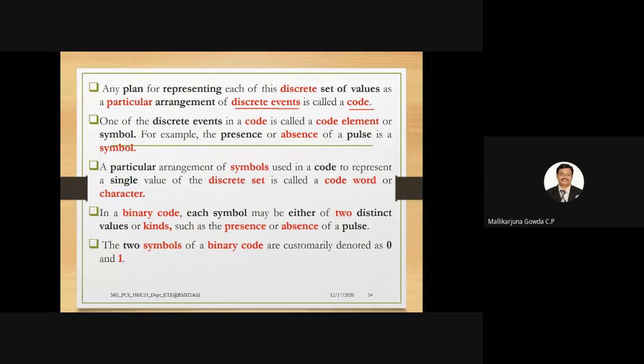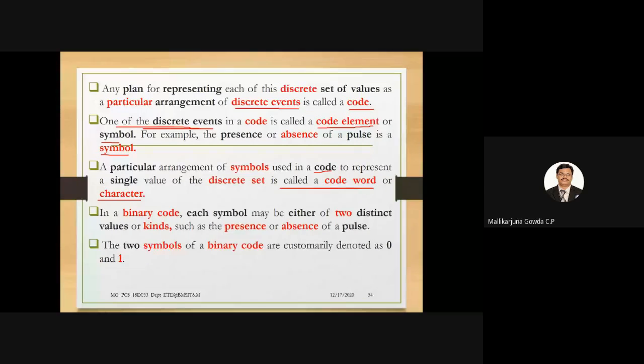One of the discrete events in the code is known as the code element or the symbol. The discrete event may be the presence or absence of a pulse, and that we call a symbol. A particular arrangement of symbols used in the code to represent a single value of the discrete set is known as the code word, or a character.